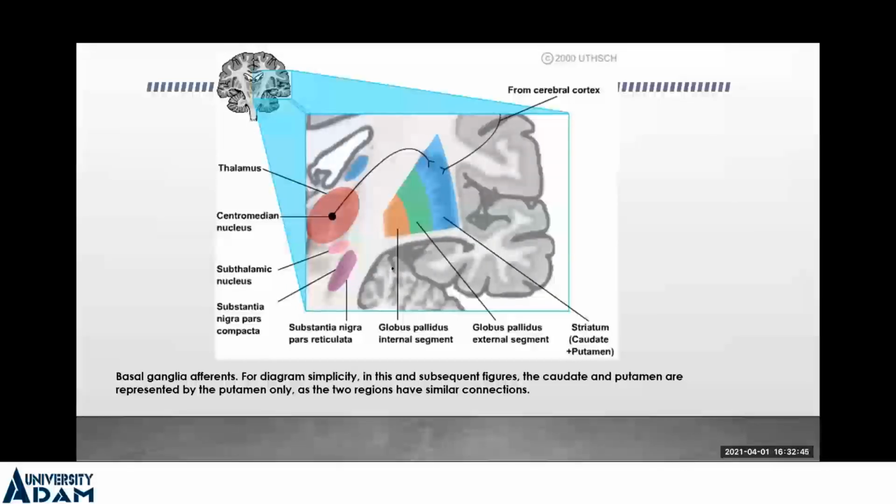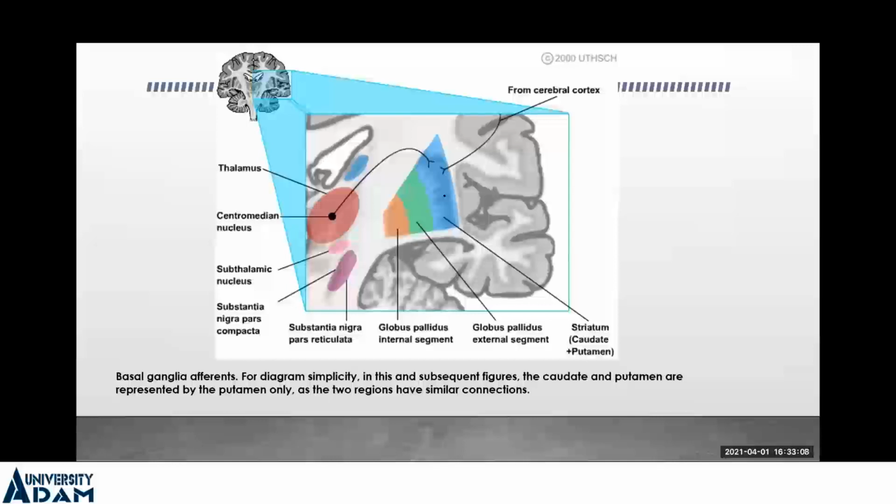So also, guys, here we have the motor regions of the basal ganglia, and there is also a motor homunculus, which is similar to the homunculus you saw in the primary motor cortex.